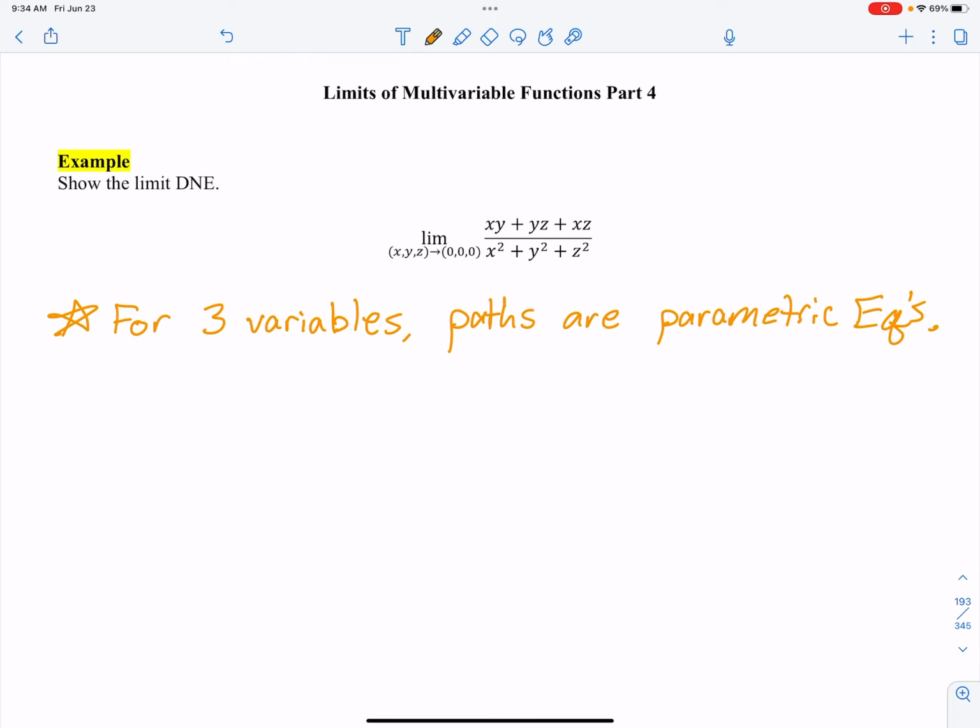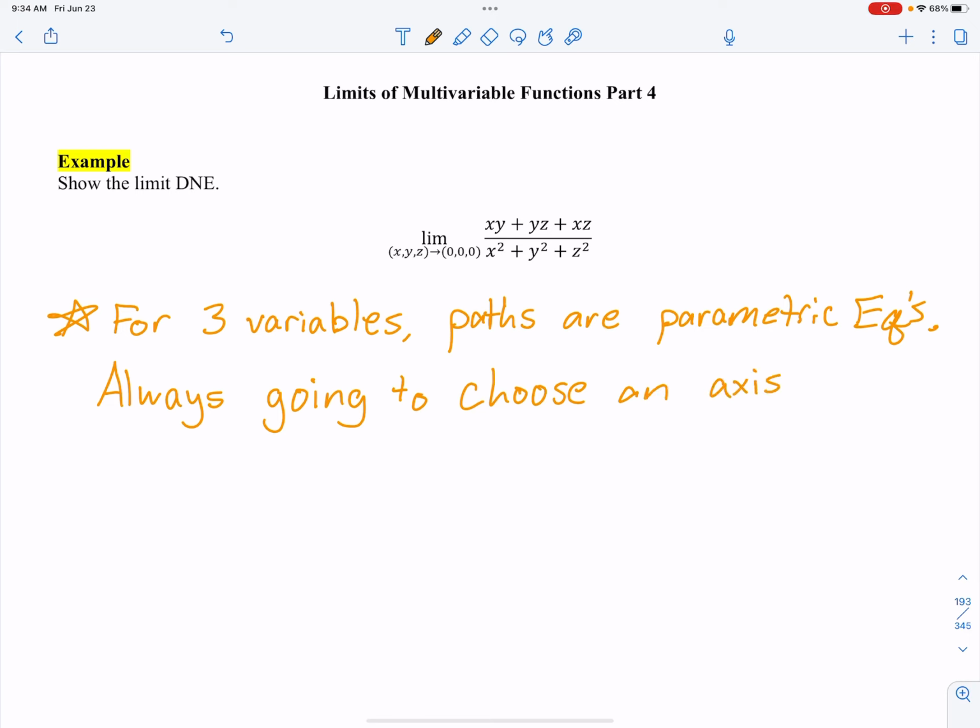Okay, so with these problems, we're always going to choose an "axis", and I'm going to put axis in quotation marks because it may not be an axis. It has to go through the point.